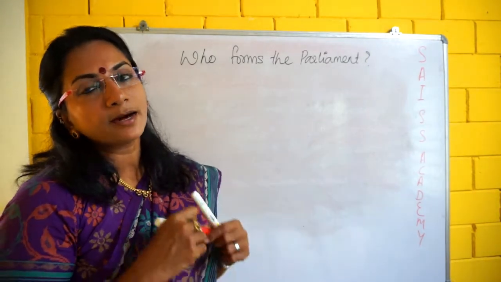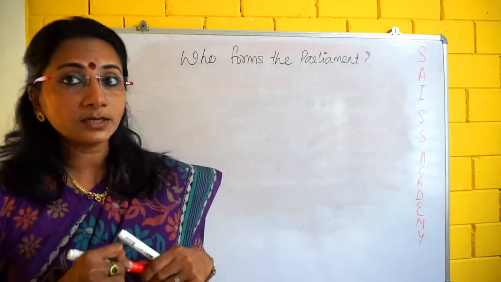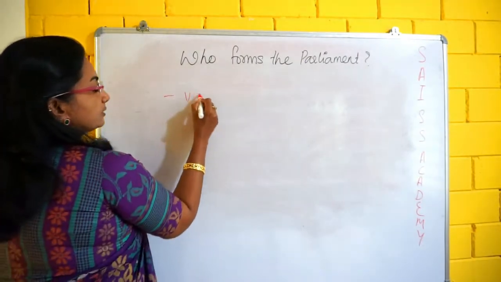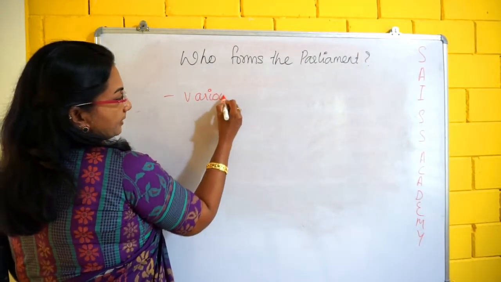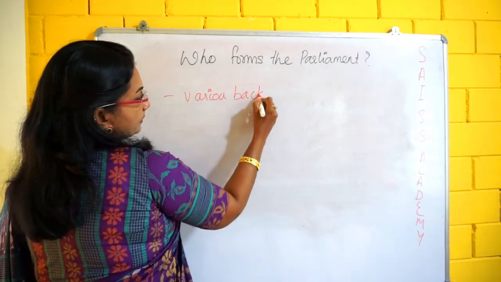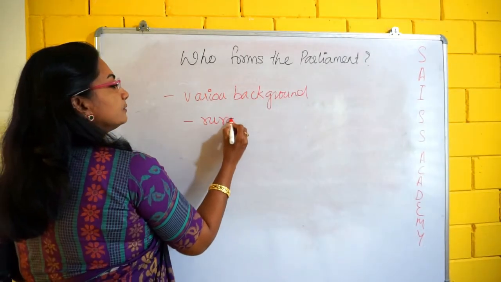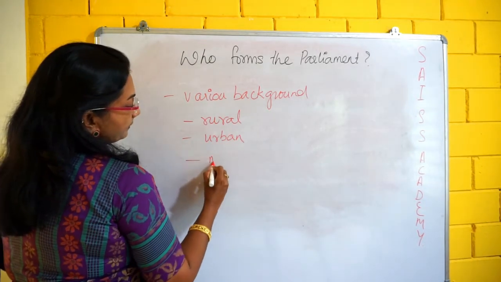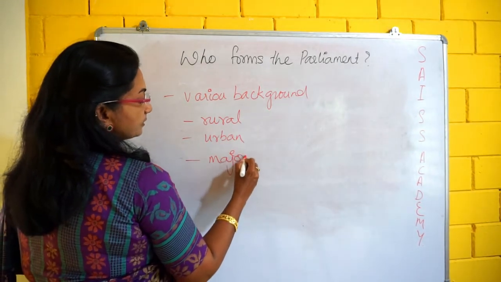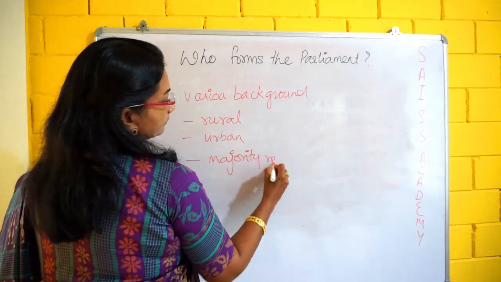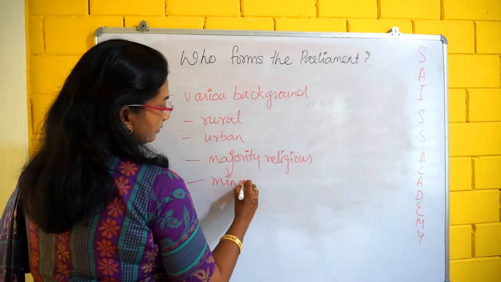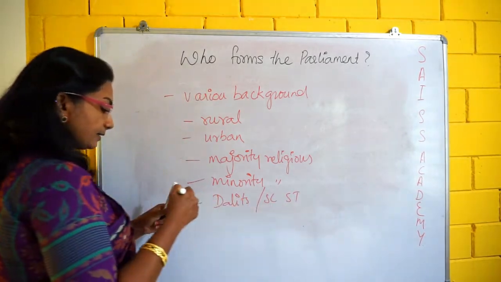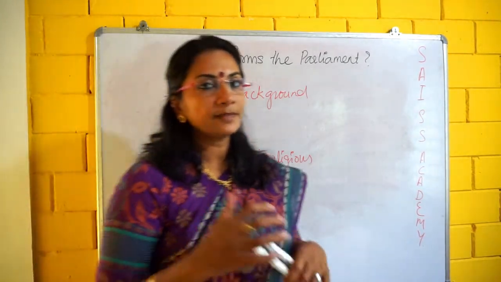As we said, parliament is formed by the representatives of the people. These people come from various backgrounds. Various backgrounds means rural areas will be there, urban areas will be there, majority religious groups will be there, minority groups will be there, Dalits or SC, ST, tribal categories will be there, isn't it?